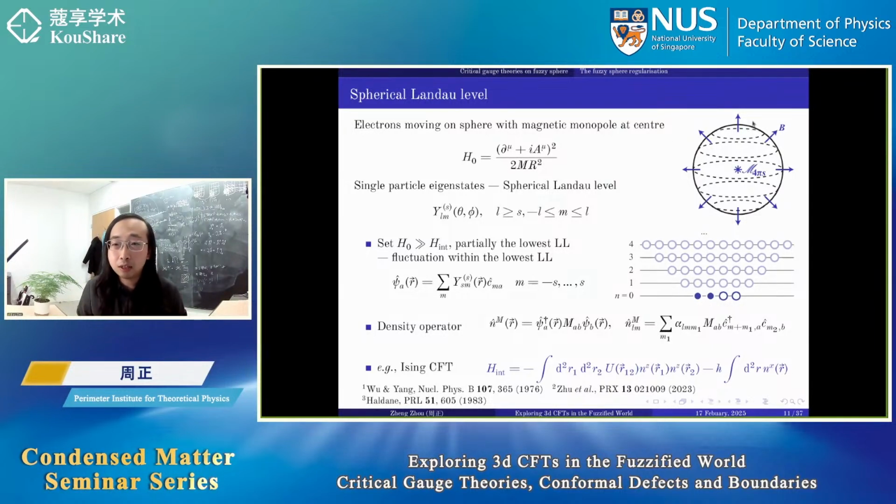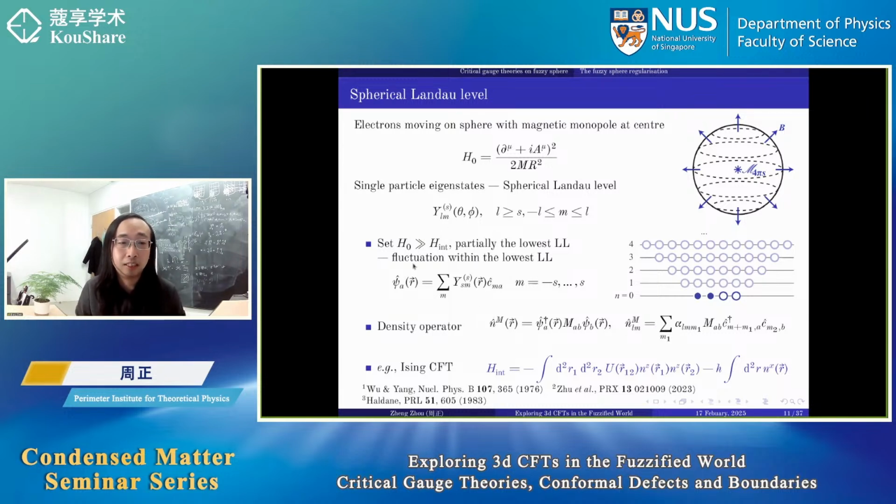The magnetic flux modifies the single particle Hamiltonian and further modifies the single particle eigenstates. The single particle eigenstates form the highly degenerate spherical Landau levels. For example, the lowest Landau level has a degeneracy of 2s+1, and then 2s+3, and so on.